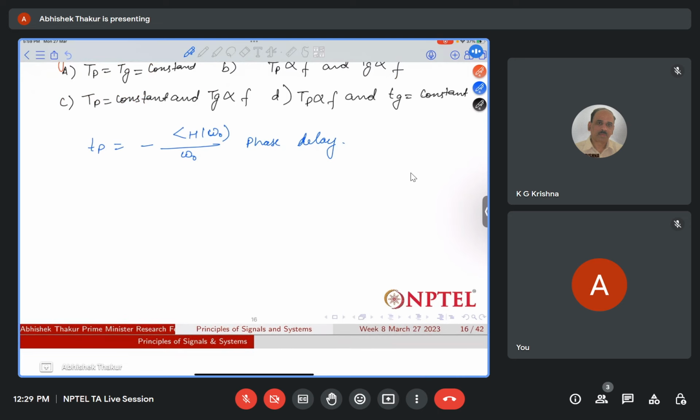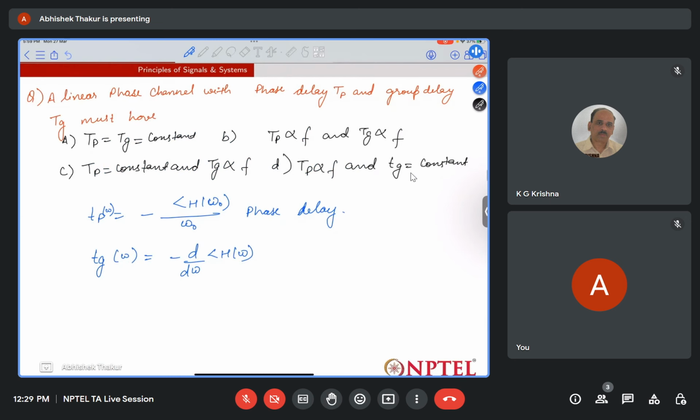And the group delay is given as Tg of omega, equal to minus of d by d omega of angle of H(omega). This is the time delay when an input signal that contains components with different frequencies passes through a system, referred to as group delay, Tg of omega.